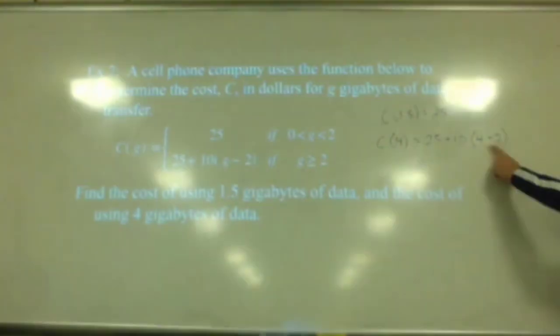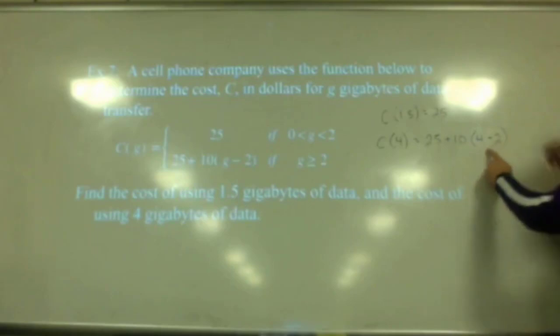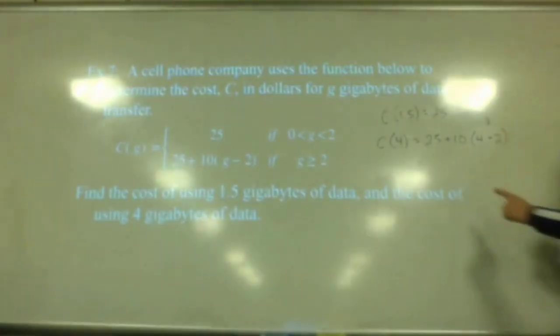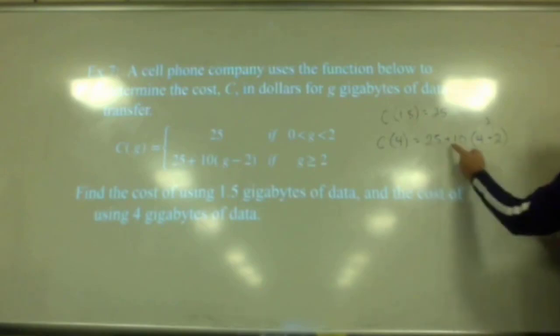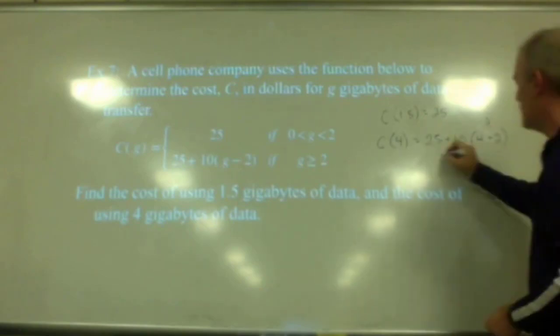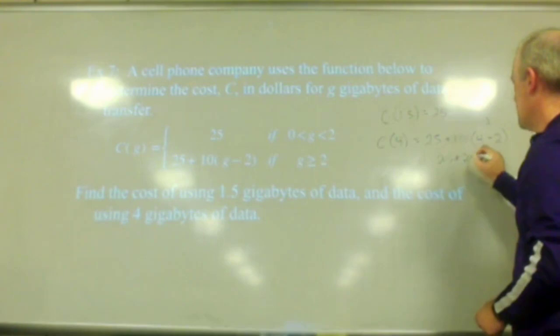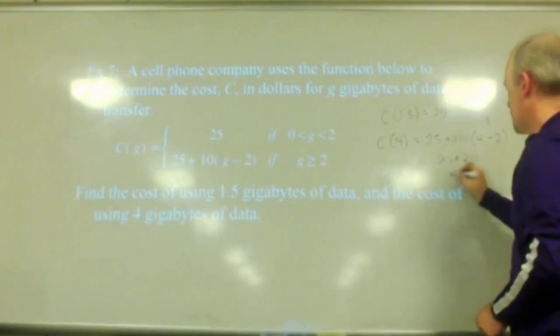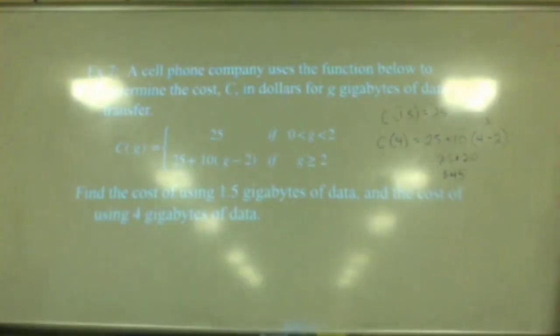And this minus 2 is because you already paid for 2 of the gigabytes, right? Up there. So you're only paying for 2 extra. Does that make sense? So 25 plus 10 times 2, that's 25 plus 20, and that is 45. So that cost would be $45 if you went over with that plan.